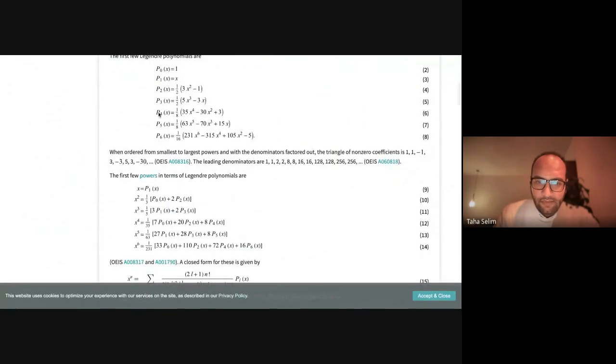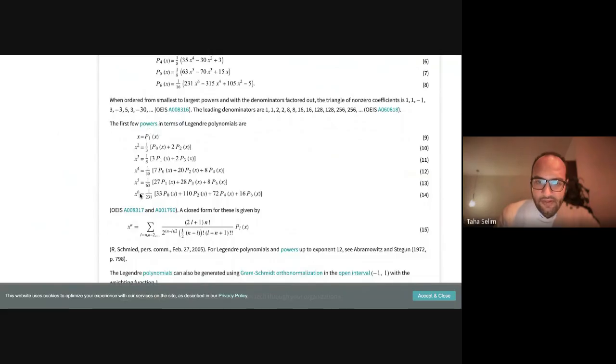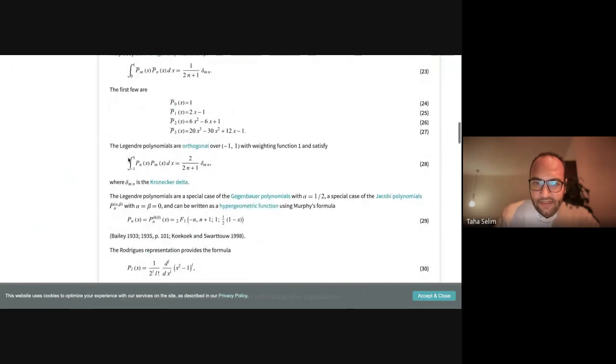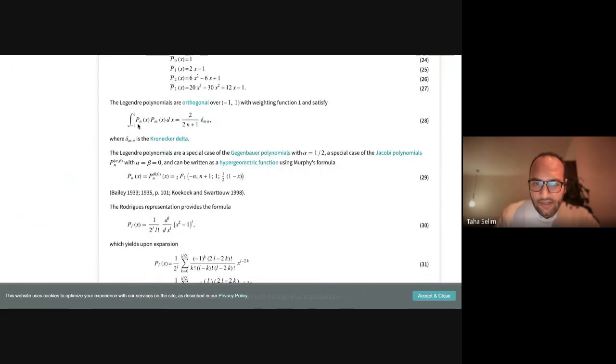So these are the polynomials. These are the points. So the points here coming as the roots of these polynomials. So this is a general formula to compute this. So from this you can compute the points, and then they are orthogonal.